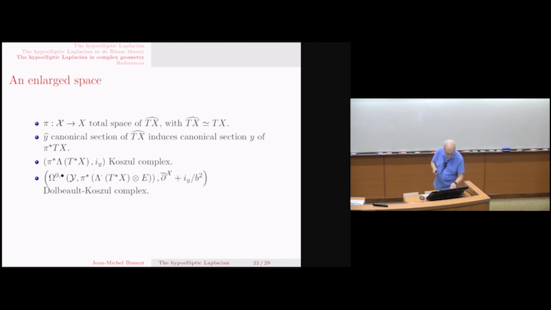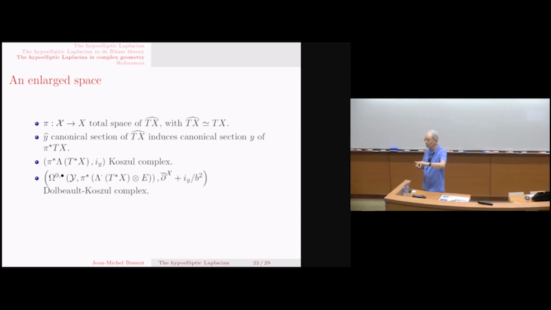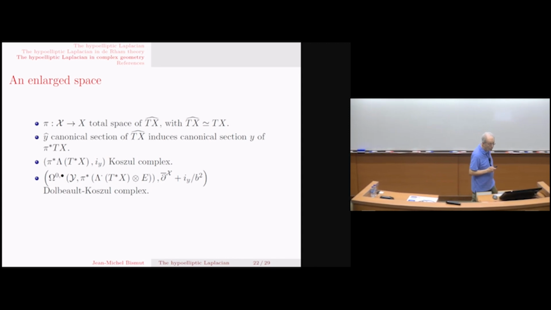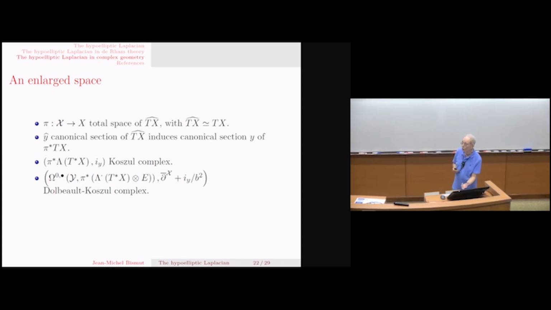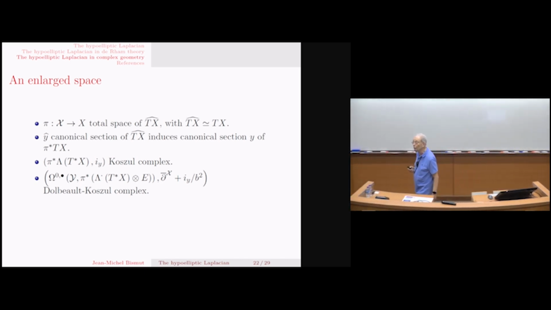So it should be here x script, not y script, but x script, twisted by lambda t star x, which is the holomorphic exterior algebra, tensored by E. And it's equipped now with a Dolbeault-Koszul operator. That's an operator differential in hypercohomology. And I have the factor 1 over b squared.